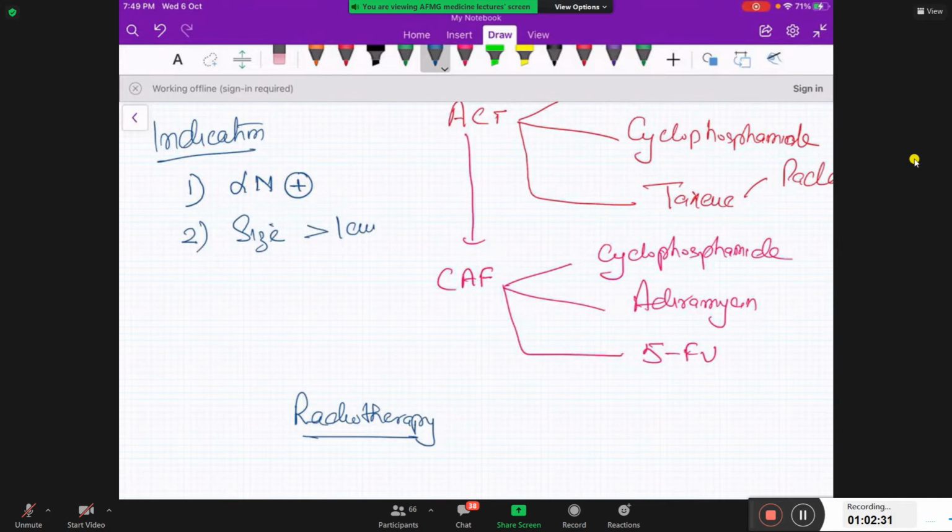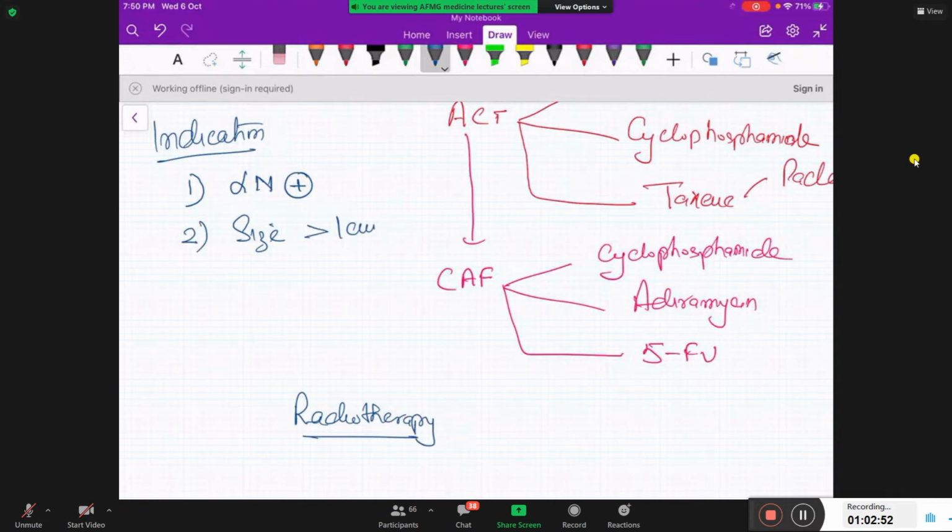IV line से. So that means chemotherapy is going to act in the blood also, and it is going to act at the local site.